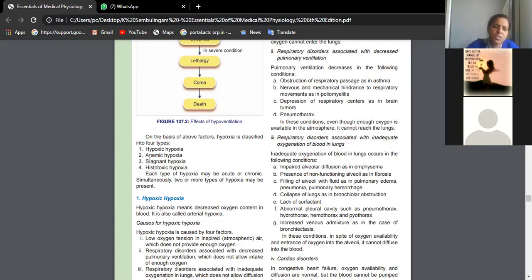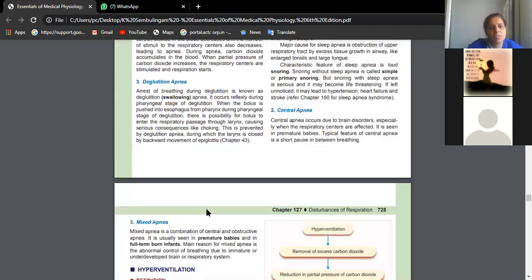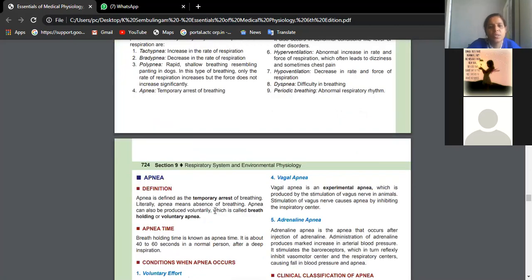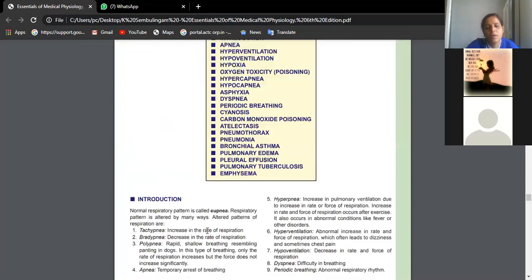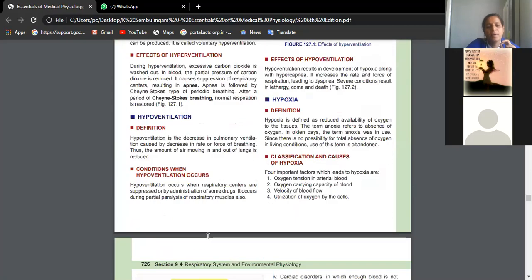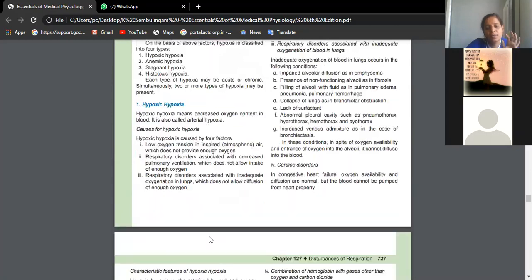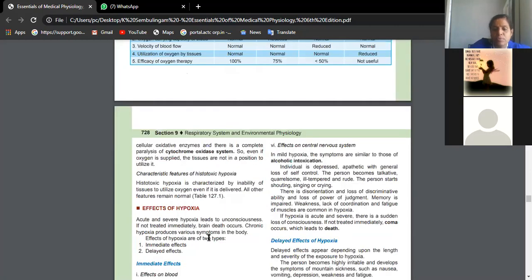Stagnant means sluggish blood flow. Histotoxic means tissues are not in a position to accept oxygen. And what is cyanosis? Bluish discoloration of the mucous membranes, palm, soles, and also nails. That is nothing but cyanosis.